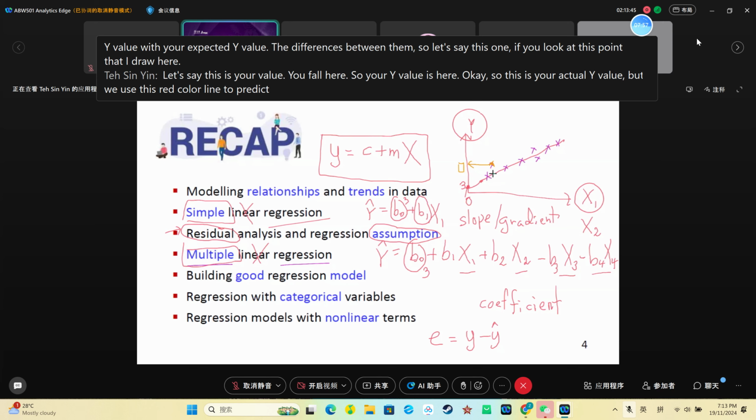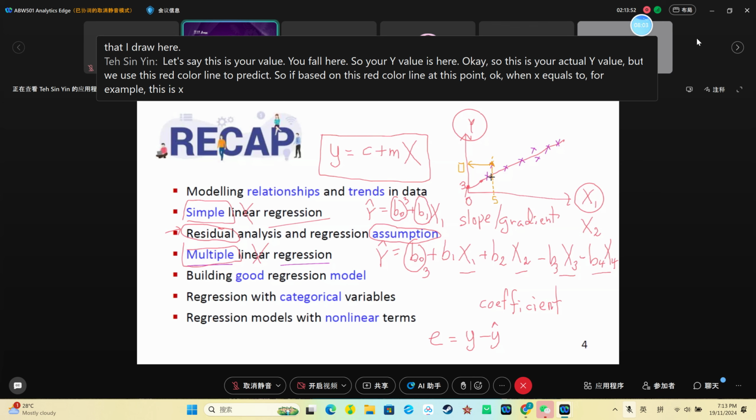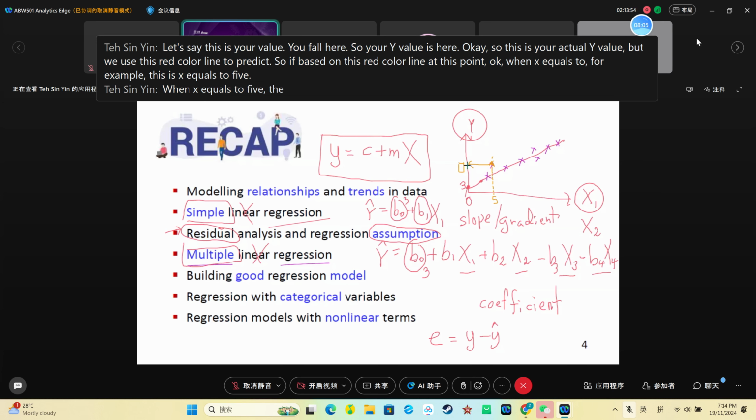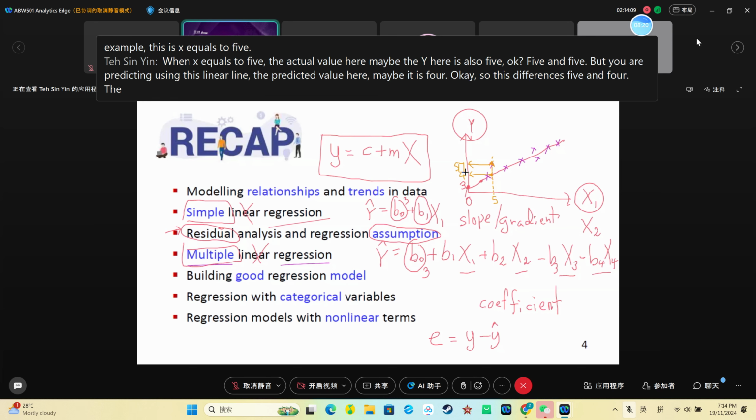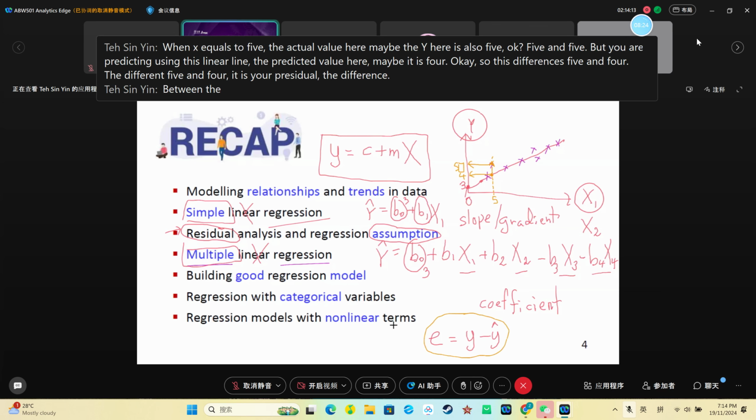When x equals 5, the actual y here may also be 5. But you are predicting using this linear line, and the predicted value here may be 4. So the difference between 5 and 4 is your residual. The difference between the actual value and your estimated value.